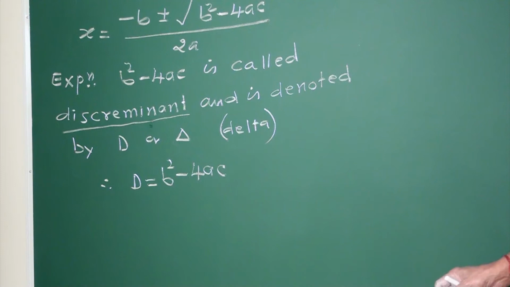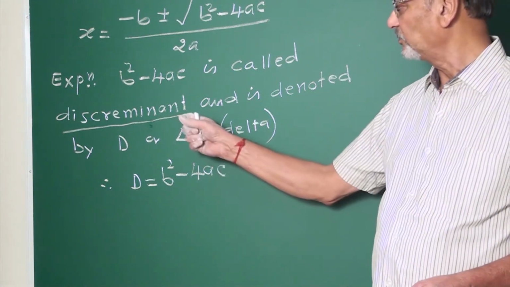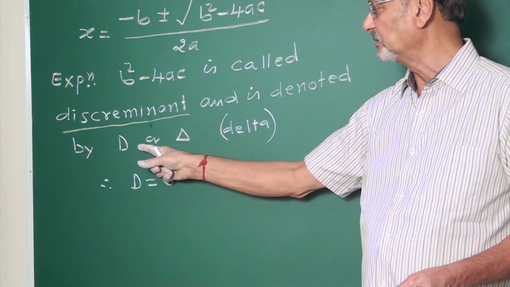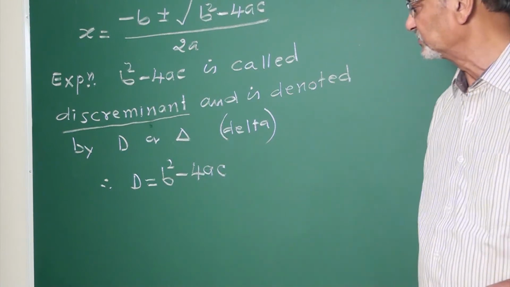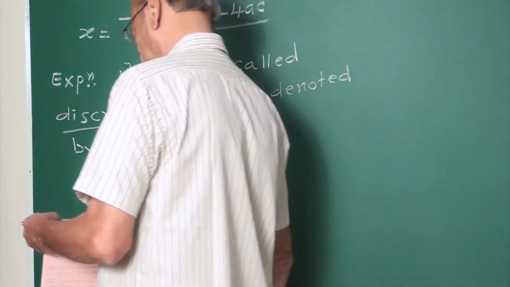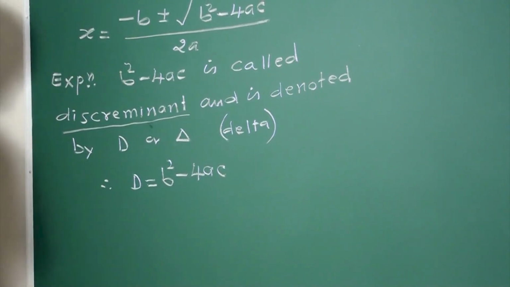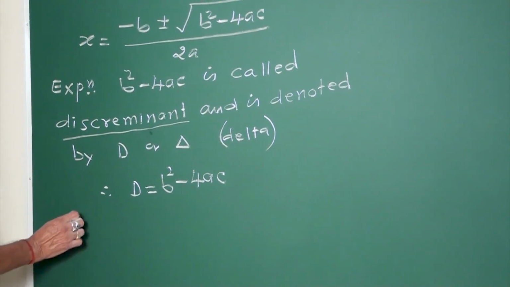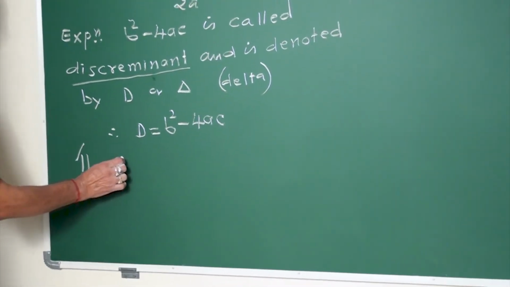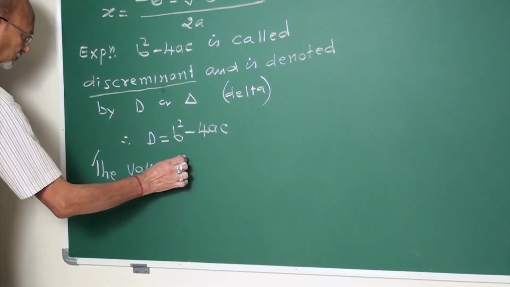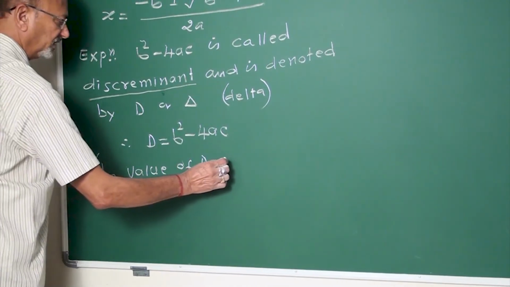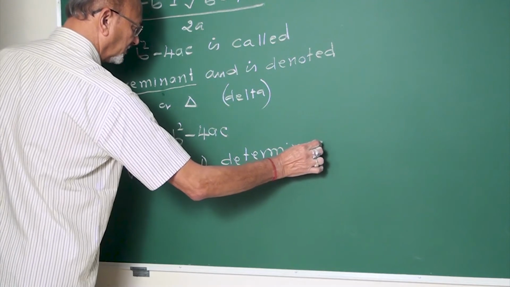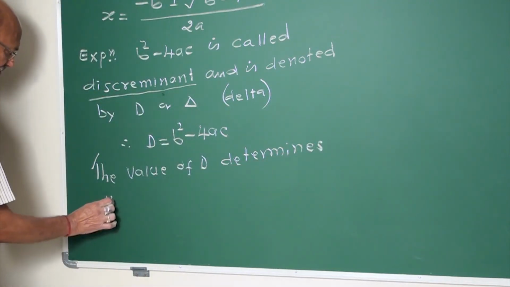Then, my friends, the roots of the equation depend upon this discriminant. The nature of the roots depends on D, the discriminant. We will see how it depends. The value of D determines the nature of the roots.